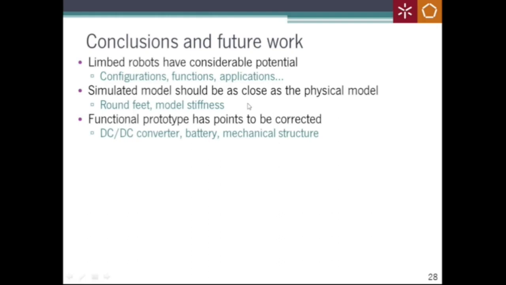As with any prototype, aspects to be corrected were identified, namely a converter capable of supplying more current and a battery with greater capacity, with alternatives being proposed, as well as aspects of the mechanical structure to be corrected. It is demonstrated that it is possible to obtain a functional robot for approximately 167 euros.